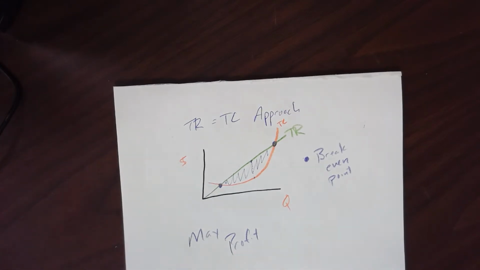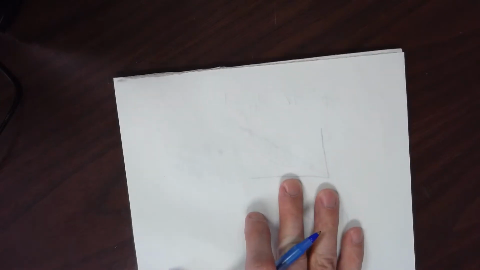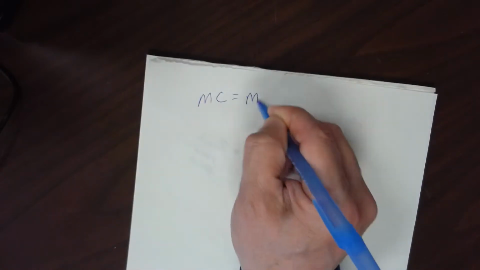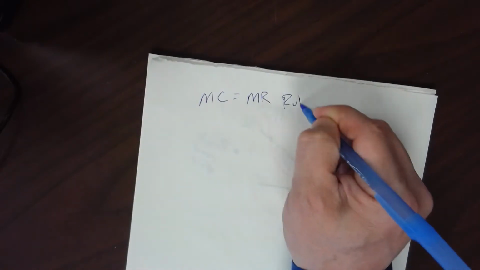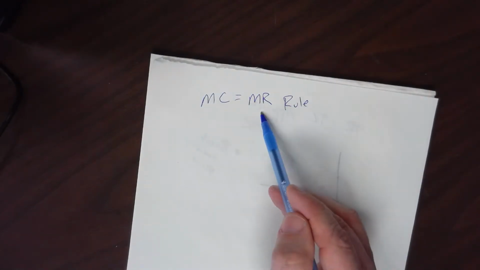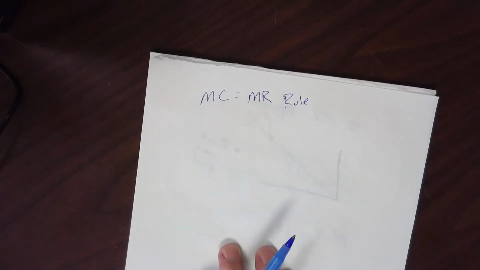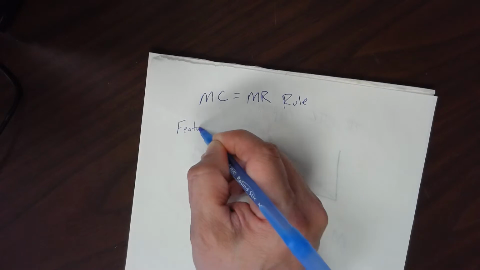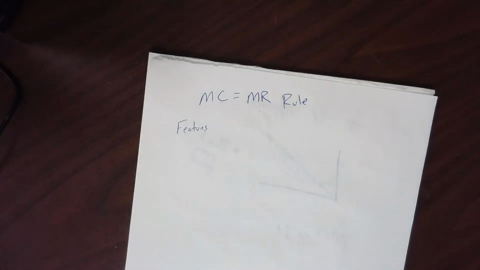But economists don't really like to look at it this way. They want to go into something much, much deeper. And that much, much deeper approach is the MC equals MR rule. All right, MC we've talked about before, marginal cost. MR, marginal revenue. Okay, so to understand this, we start with the features of the MR equals MC rule, or MC equals MR rule.